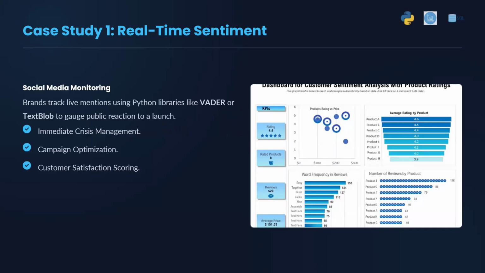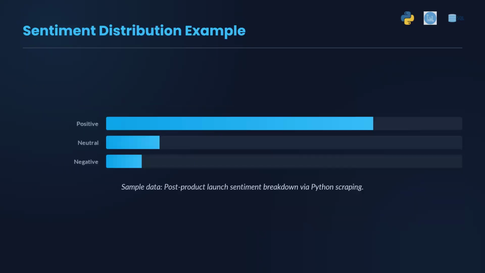We have libraries like VADER and TextBlob. These libraries will help you identify the public reaction to the launch of your brands. So immediate crisis management, campaign optimization, and customer satisfaction scoring are other use cases. Most companies are doing this to find out where their products are standing in the market.